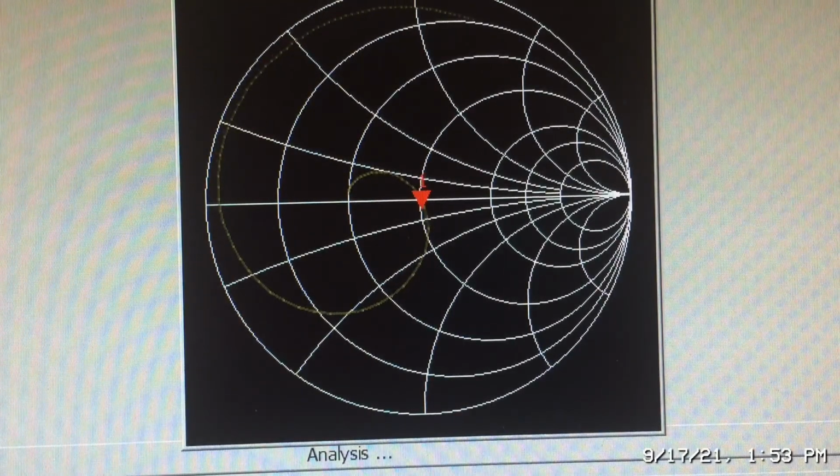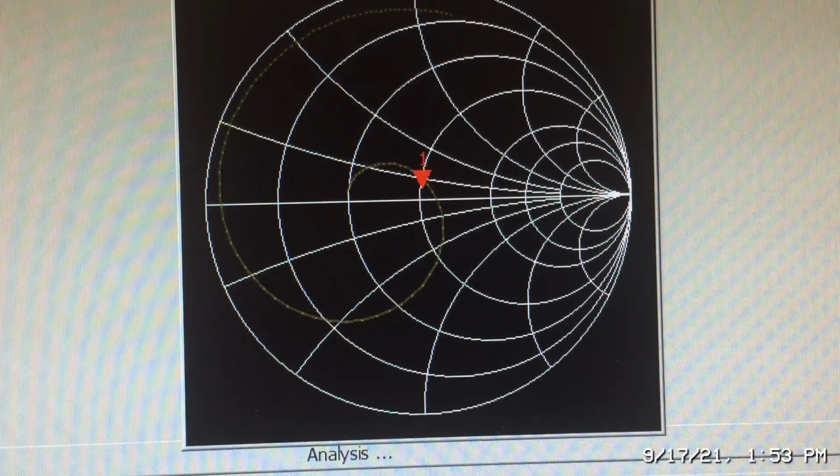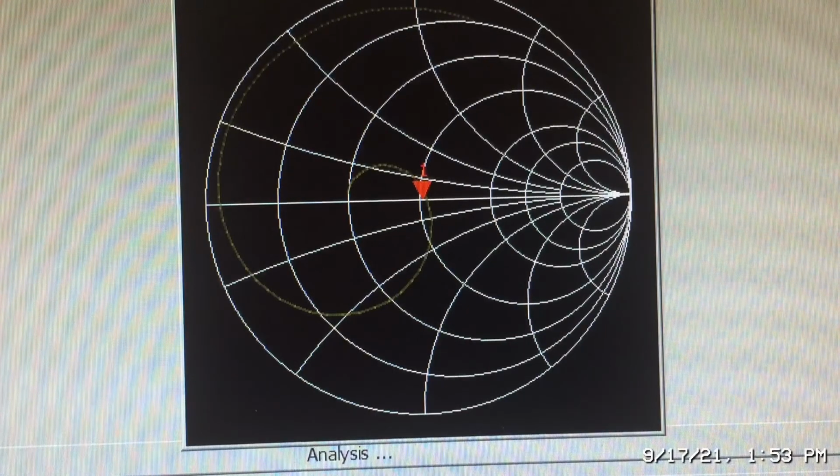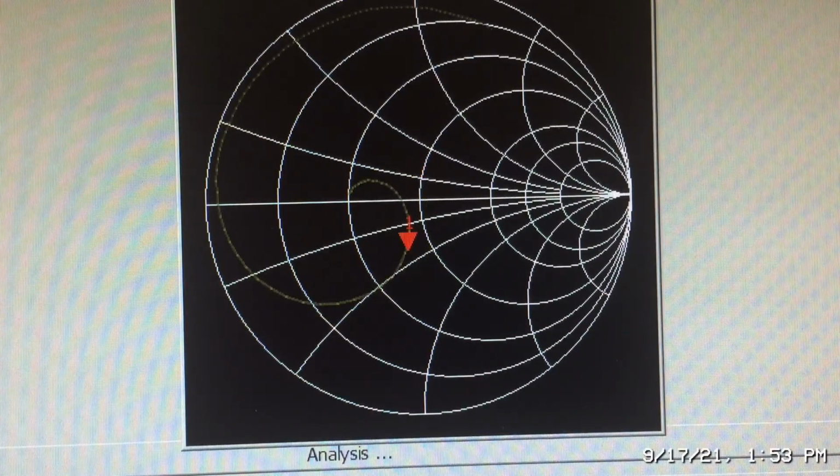And we can see if we reduce the capacitive reactance, it becomes more inductive, right? And if we increase the capacitive reactance, it's going to become more capacitive. Okay, and if we adjust the capacitor slowly, we can get this back to the center line.